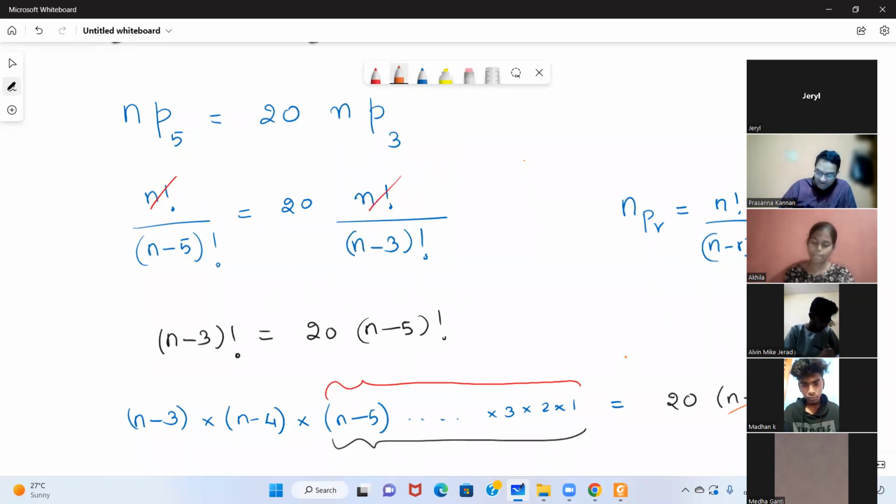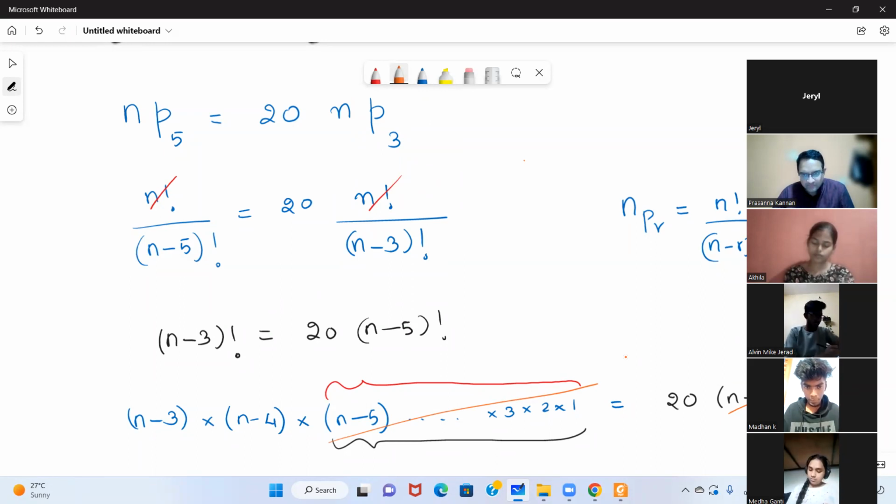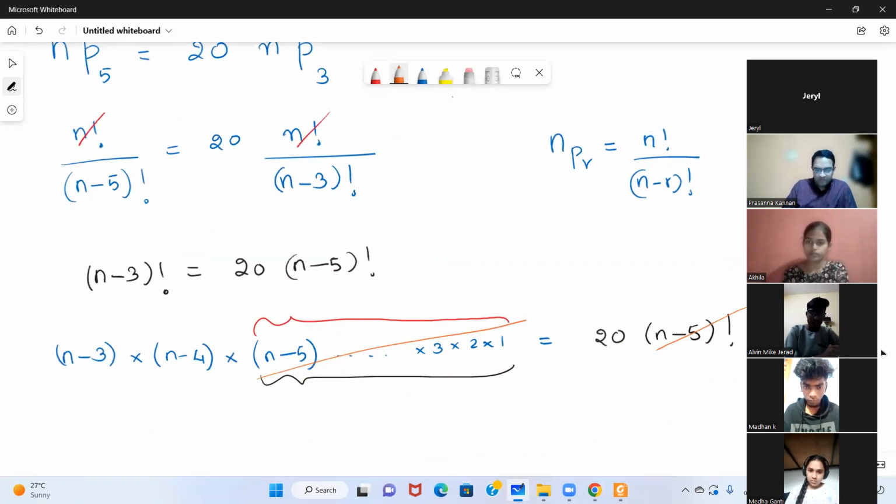So this is n minus 5 factorial and this is also n minus 5 factorial. Both of them get cancelled. Are you able to understand that? So what are we left with now? n minus 3 into n minus 4 is equal to 20.